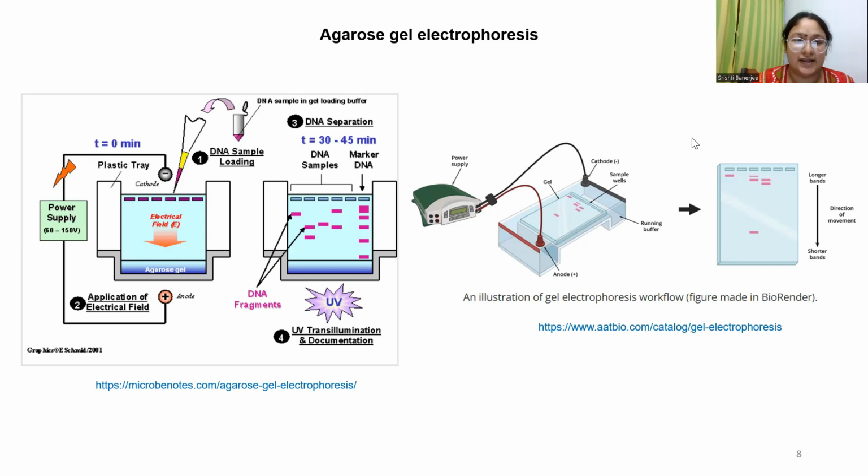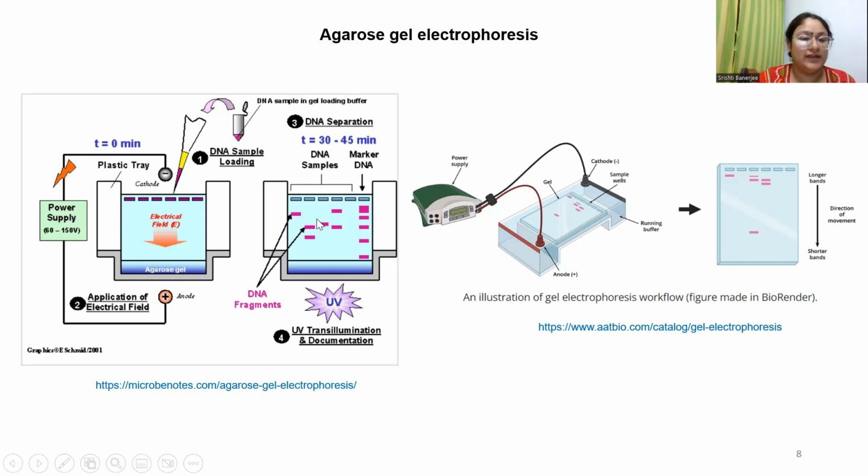So what is actually done? Suppose this is your DNA sample. You have isolated colonies from the petri dish, and you have your sample in an Eppendorf tube or microcentrifuge tube, in gel loading buffer. What you do is you load it.